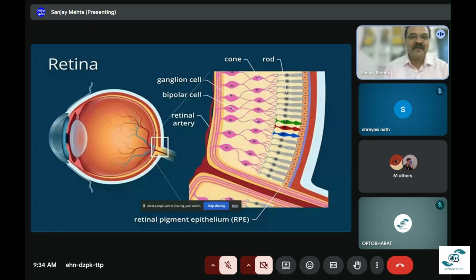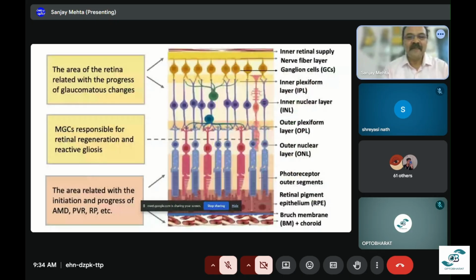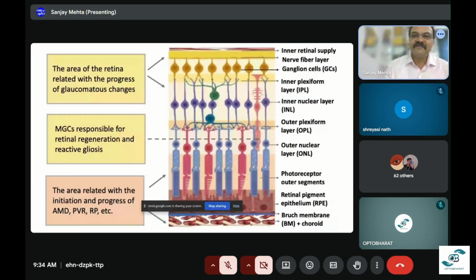As you must be aware, there are about 10 layers. I would like you to see the left side of the screen, where these are the three main areas where the whole drama happens.